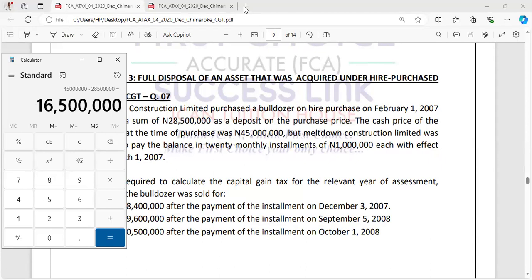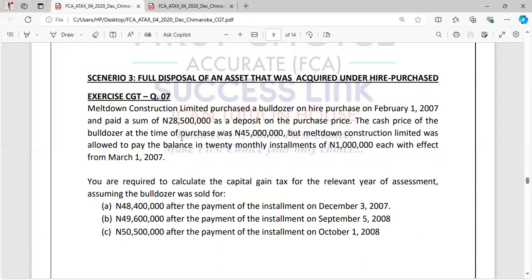What's the difference? 20 million minus 16,500,000 is 3,500,000. The 3,500,000 becomes the interest that you are paying, because 16,500,000 is the capital that remains on the cash price. The extra 3,500,000 is interest.